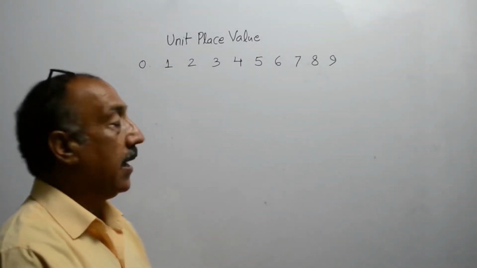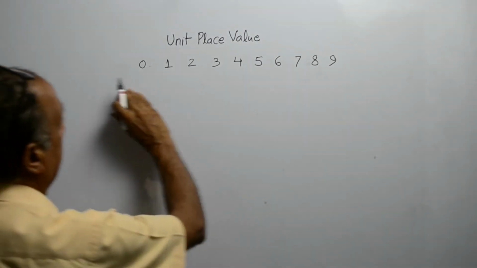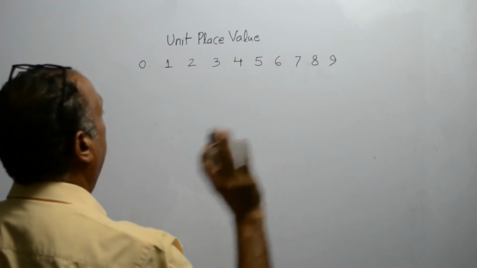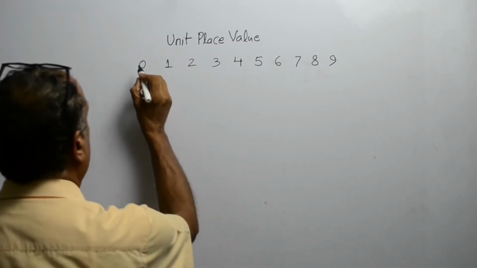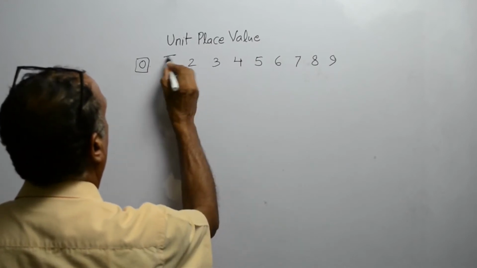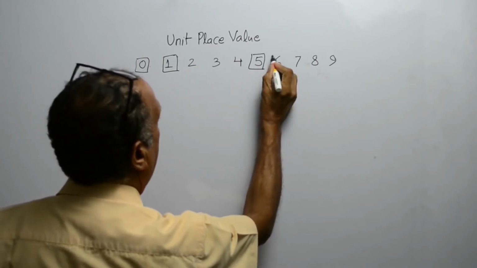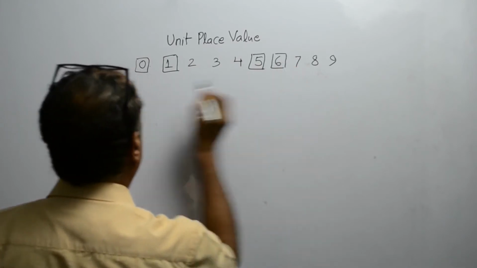So, to make the things simple, we are going to divide these 10 digits in 4 categories. In the first category, we are taking up 0, 1, 5 and 6.